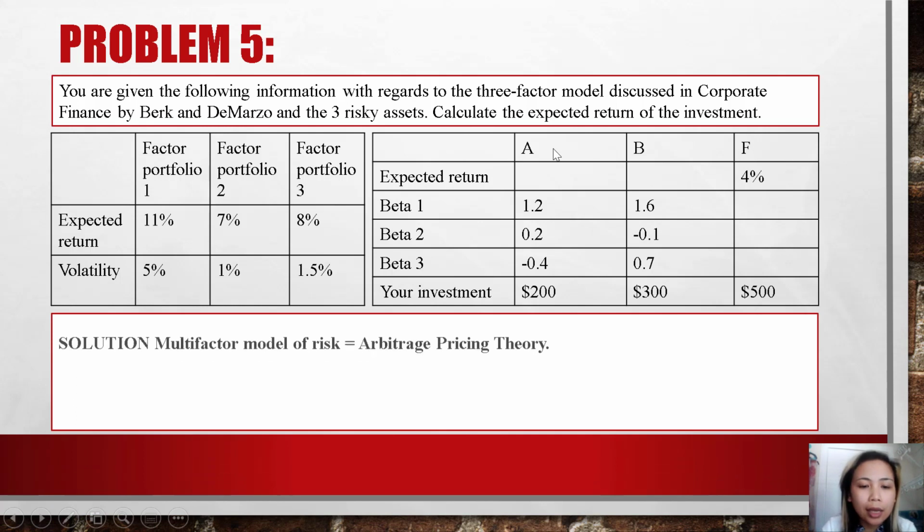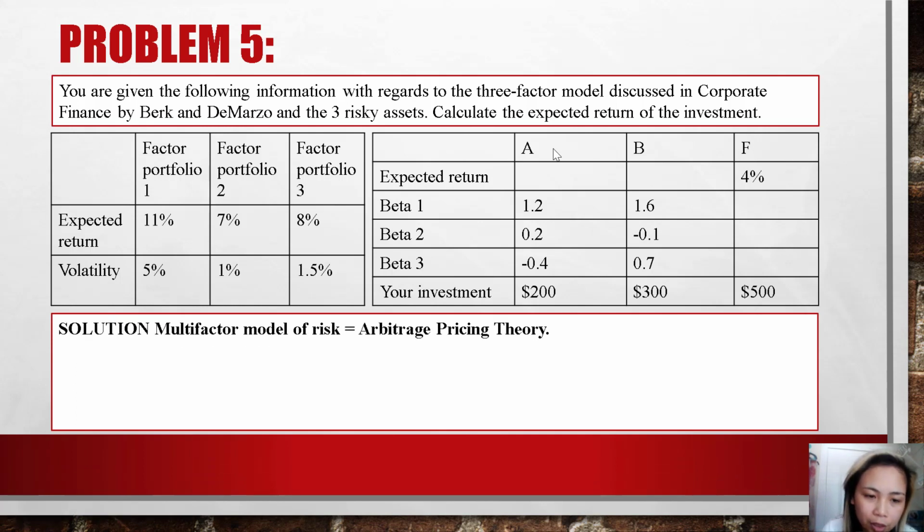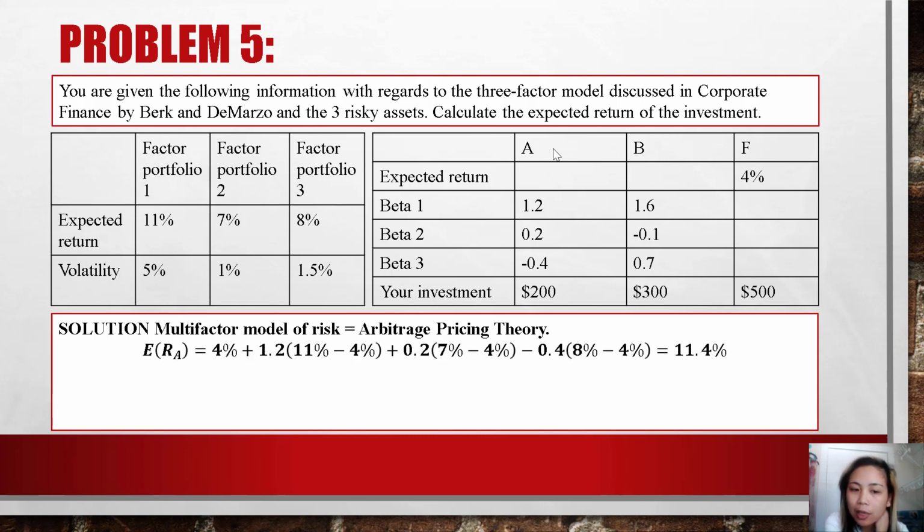So let's look at A. Of course, for this problem, we are going to use the multi-factor model of risk. But first, let's look at the expected return of A. The expected return of A here is equal to 4%, which is RF, plus 1.2, beta 1 of A, times 11% minus RF 4%, plus 0.2 times 7% minus 4%, minus 0.4 times 8% minus 4%.